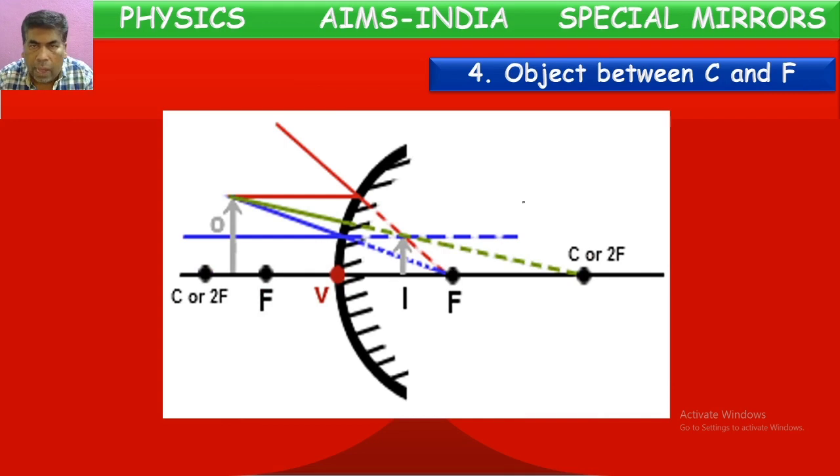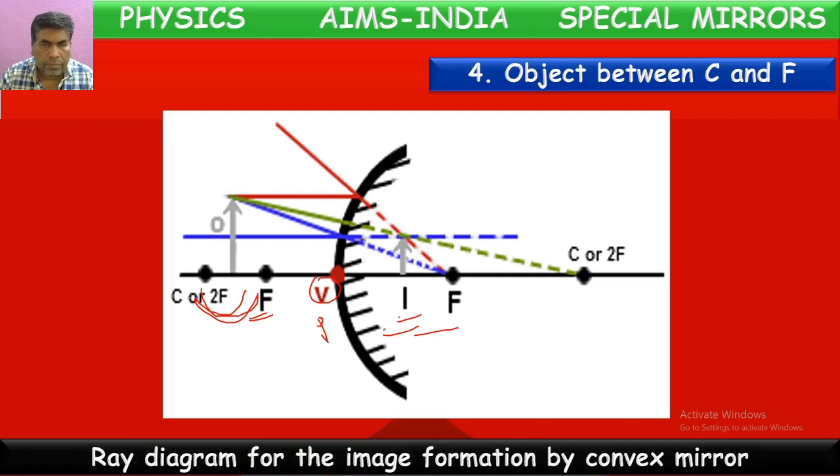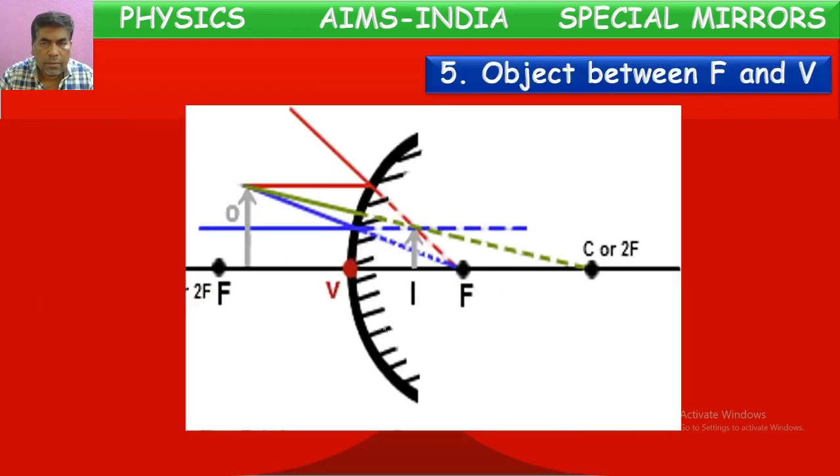Next, when the object is coming closer, between C and F, in this condition also the image is formed between pole and focus. Same types of rays. Next, when the object is between F and P, P for pole, in this case also the same.